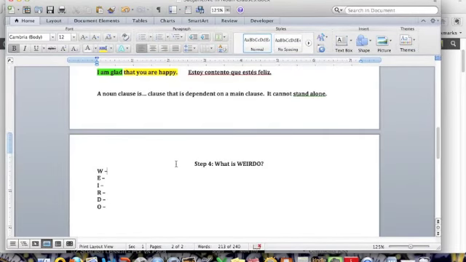So let's look at some different ways that we can remember noun clauses in Spanish. Noun clauses in Spanish fall under a couple of different categories. First, the acronym that I've always used is WEIRDO. W is for wishes, desires, and imperatives. E is for emotion.